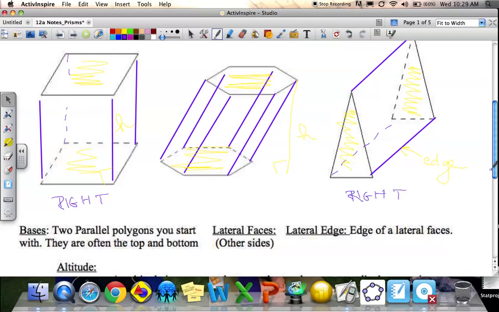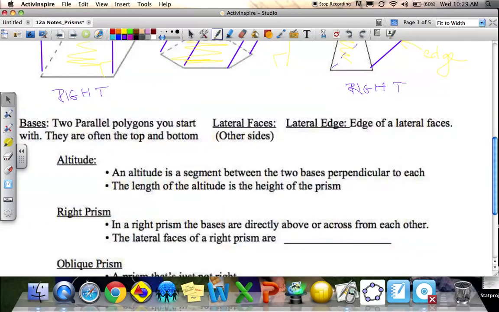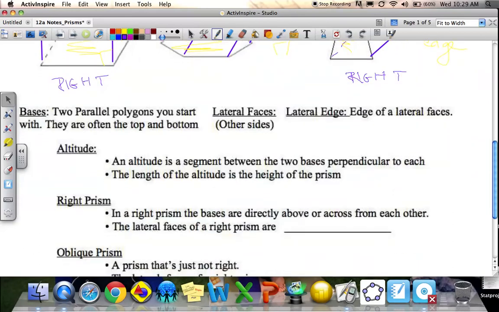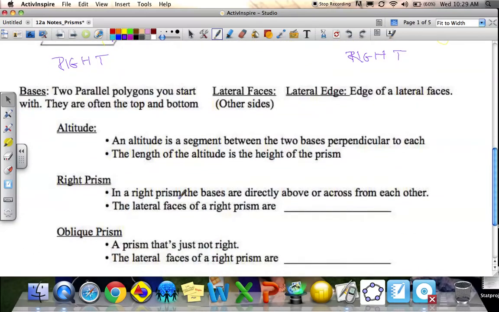And in a right prism, the question becomes, what about the lateral faces? So if I look at this face here, there are four faces in this right prism, and they look to have the same shape as these three faces in this right prism, and those shapes are actually rectangles.